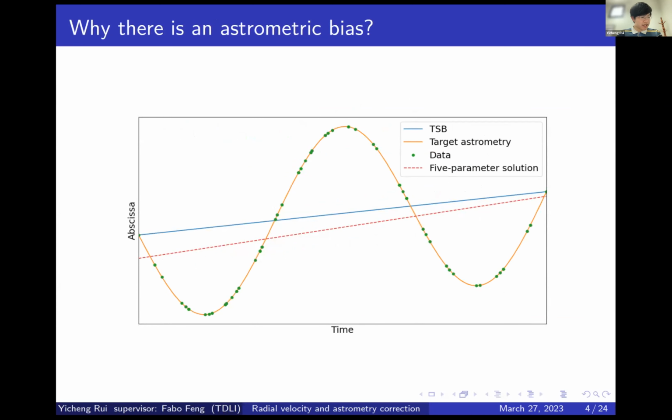Since the astrometric data is not evenly sampled during the whole period of the target system, the linear regression result, this red dashed line, or you can call it the 5-parameter astrometric solution, would thus deviate from the target system astrometry. So the deviation of the offset would be the error of the position, and the deviation of the slope is the bias of the proper motion.